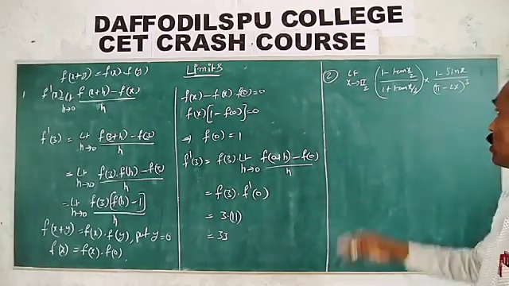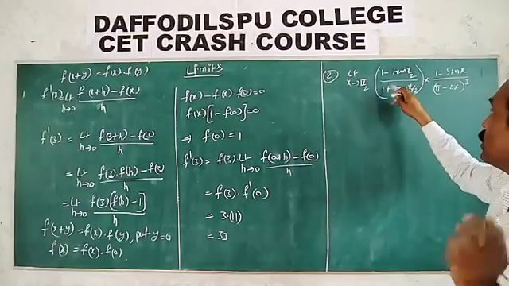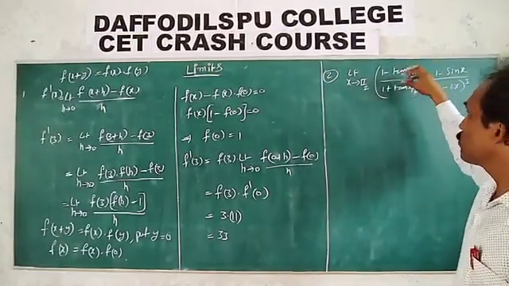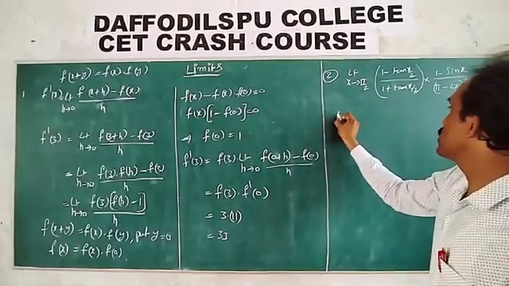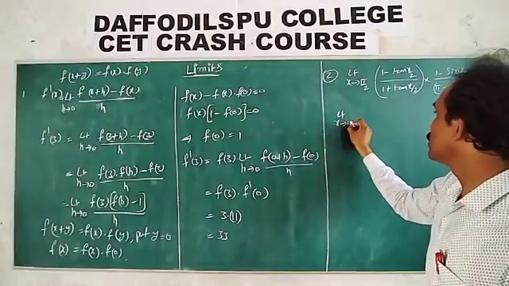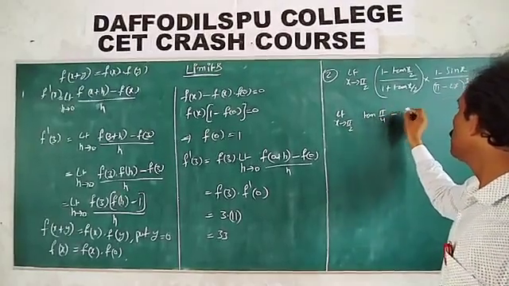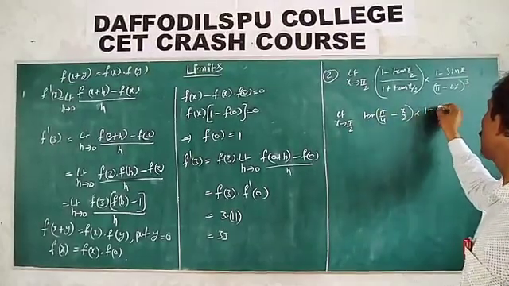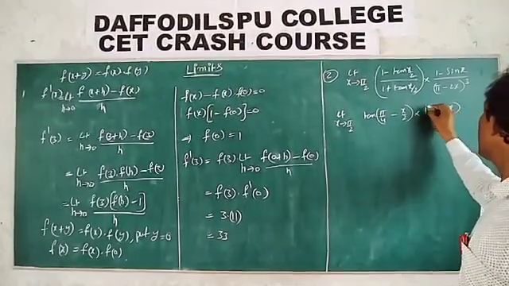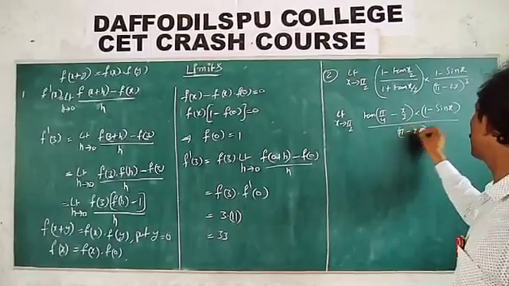You know a formula from trigonometry: 1 minus tan a by 1 plus tan a is tan of (pi by 4 minus a). Therefore, this can be written as tan of (pi by 4 minus x by 2) into 1 minus sin x, divided by (pi minus 2x) whole power 3.